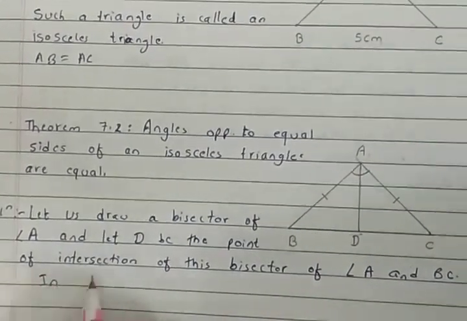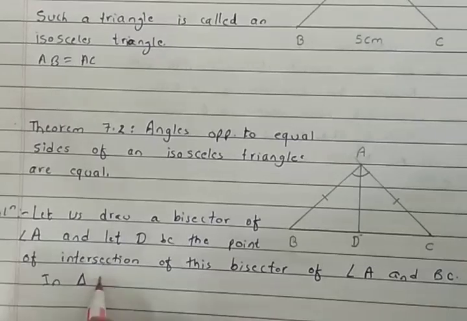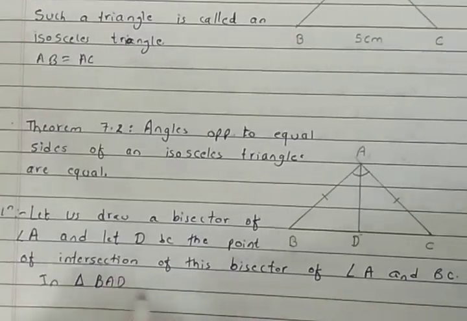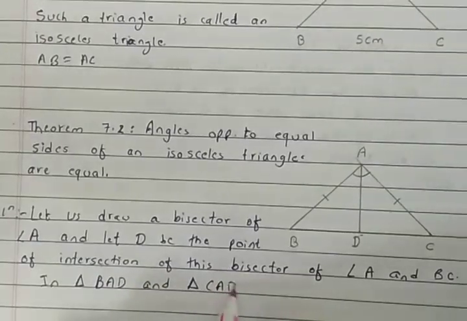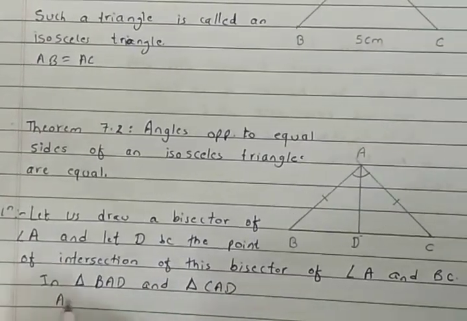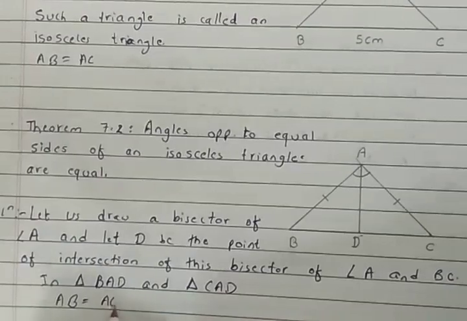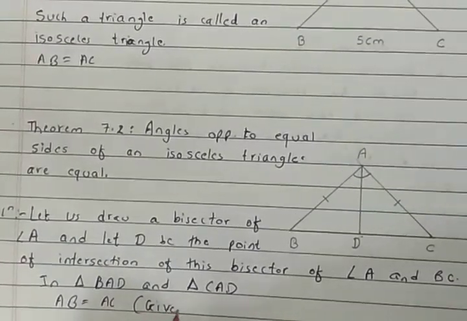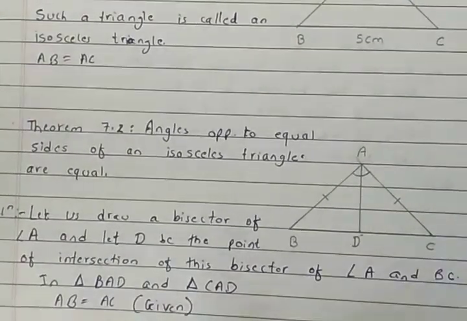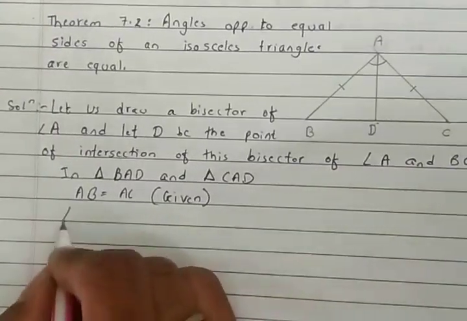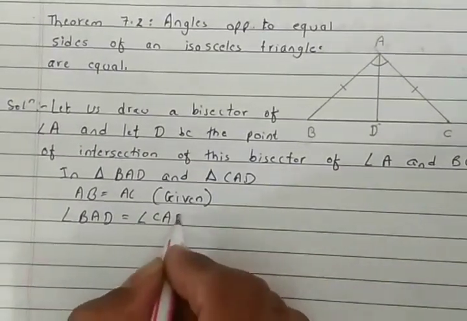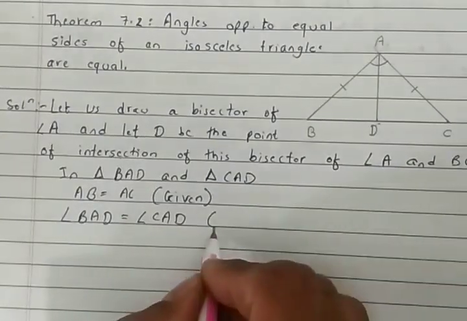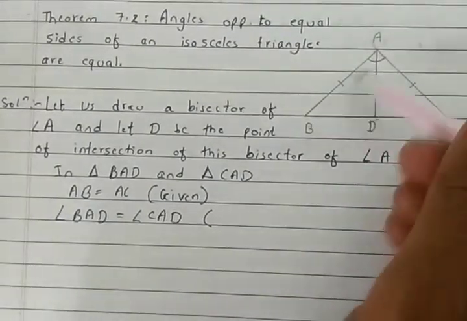Now in triangle BAD and triangle CAD, AB equal to AC. This is given information. Now angle BAD equal to angle CAD. How?